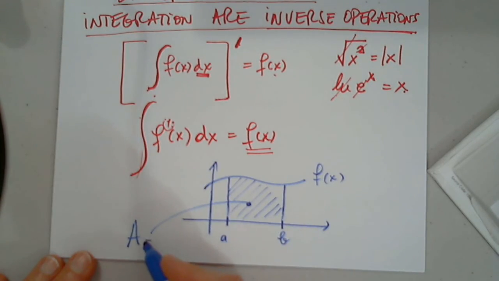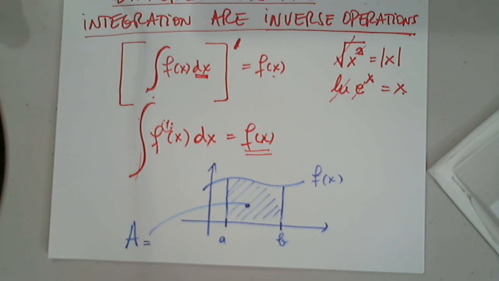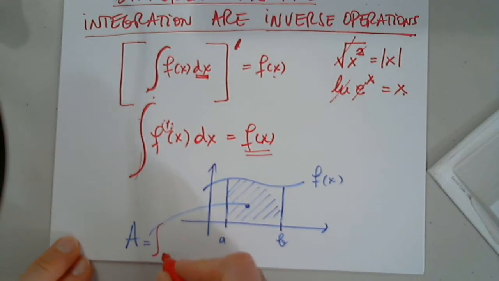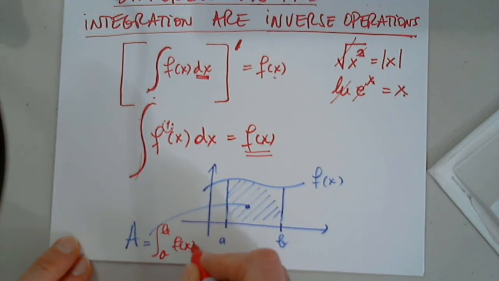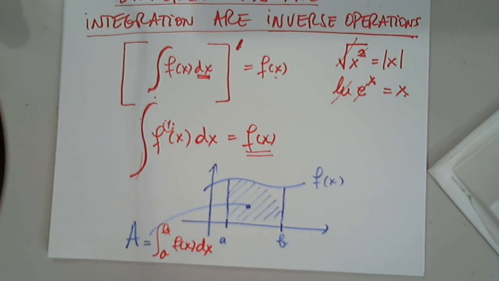How do I write the area? Anyone? Derek? Oscar? Carson? Yes. The integral from a to b of f of x dx. Awesome. Great job. That's what this means. Good.